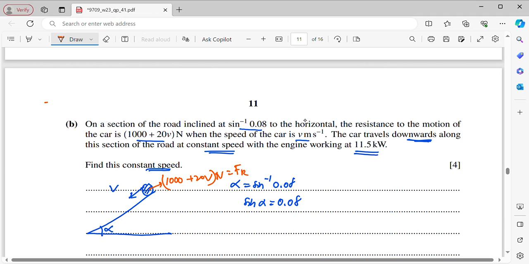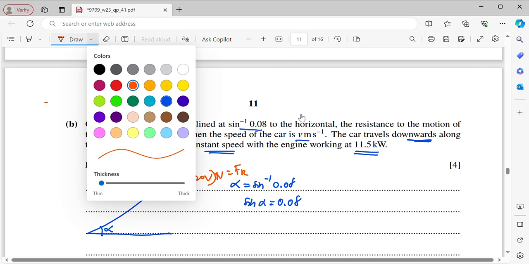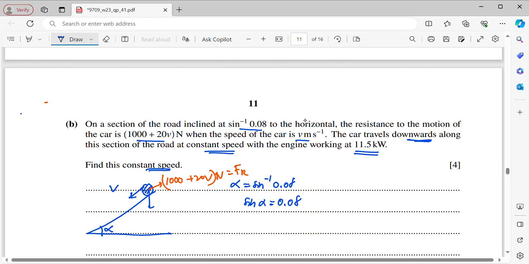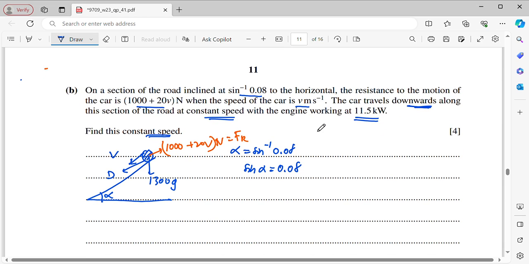Okay, and the car is 1300 kilograms. So the weight will be 1300 G. Okay, and at the same time, there will be a driving force. Okay, so from here, it's mentioned that constant speed, which means your A is still 0. Now you need to find out what is this V.